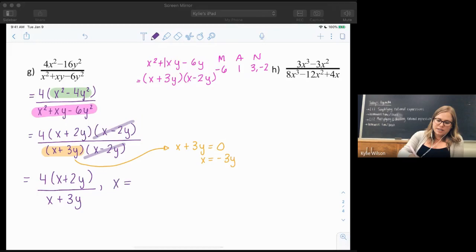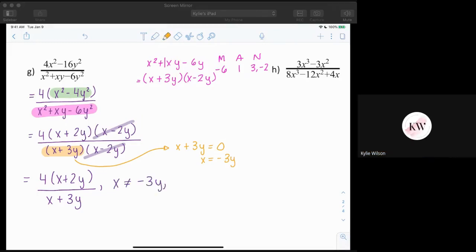So x cannot equal negative 3y. And we'll do another one for here. Even though it canceled, we need to make sure that we account for that restriction. So we have x minus 2y equals 0. So x can also not equal 2y.